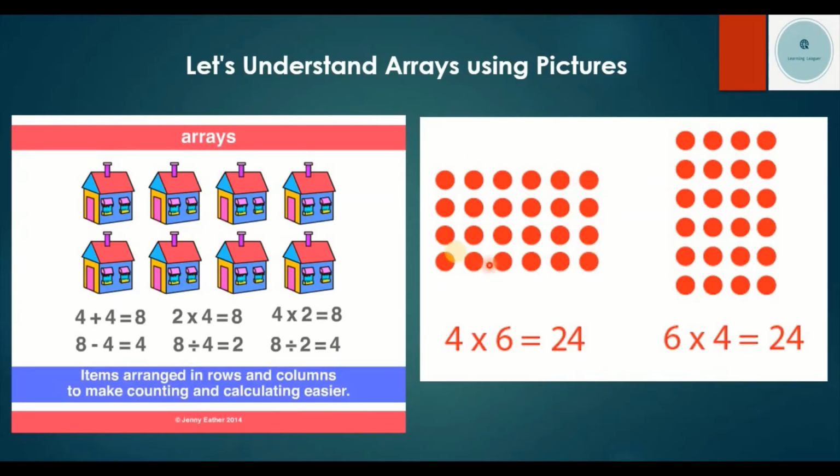These dots we can call the elements of an array. Here houses are called elements, nothing but values. Here dots are called values. The same 4 rows and 6 columns of dots can also be represented as 6 rows and 4 columns.